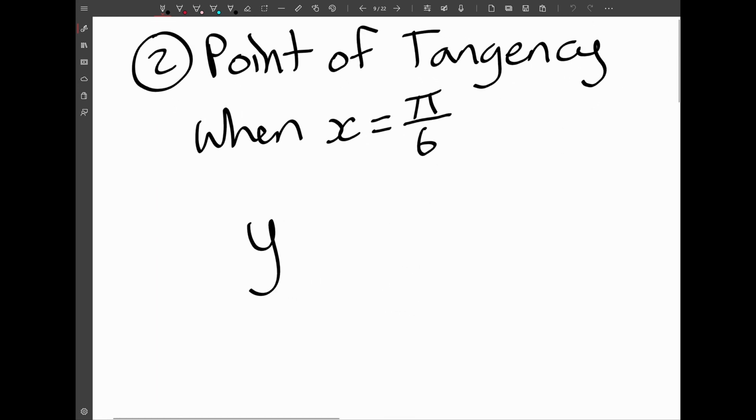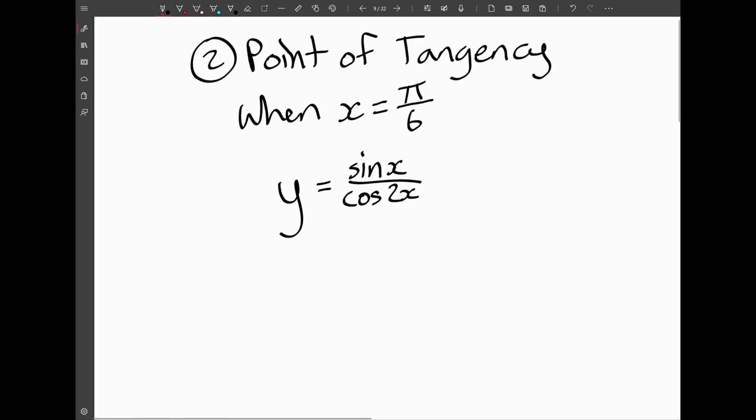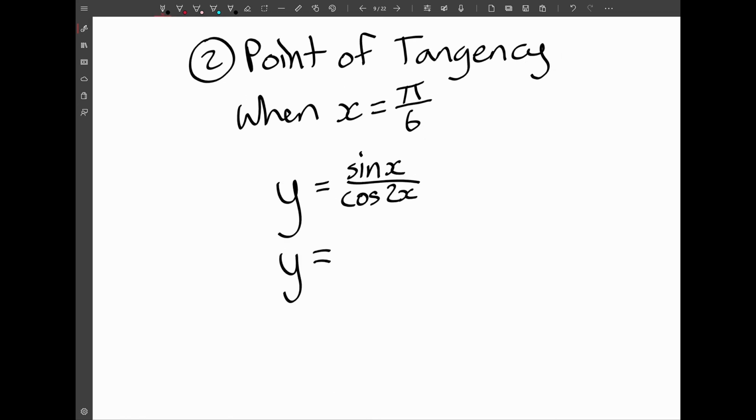I probably won't. Y, we know, is equal to sine of x all over cosine of 2x, which means that y is equal to sine of pi over 6 all over cosine of 2 times pi over 6.